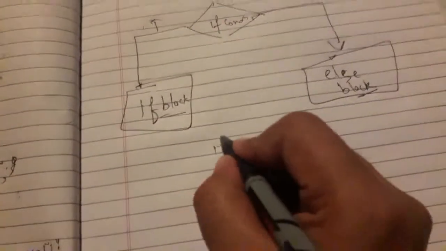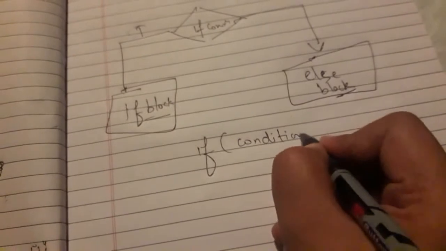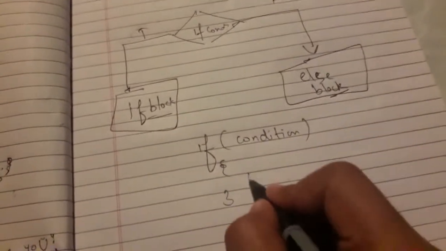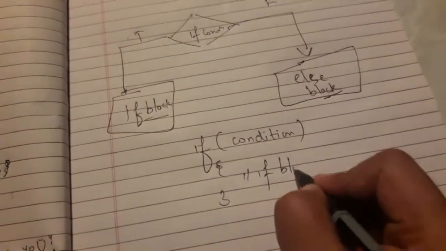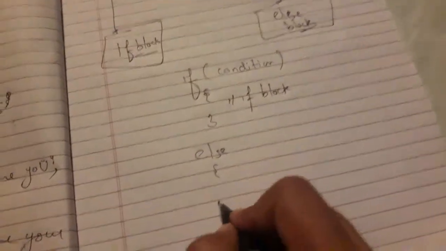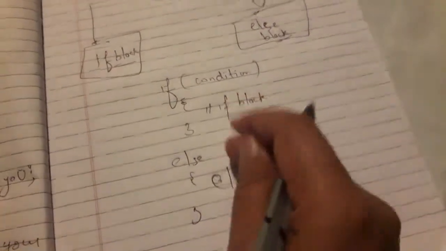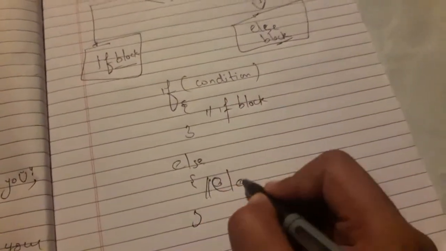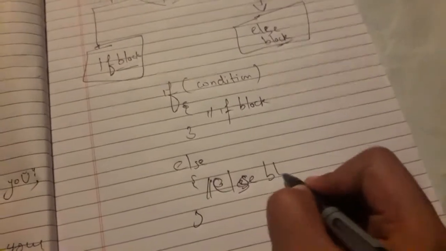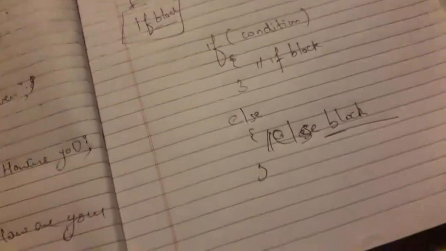So the syntax of if else is: if condition, this is the if block, else block. No need to write a condition with the else block, right? Clear?